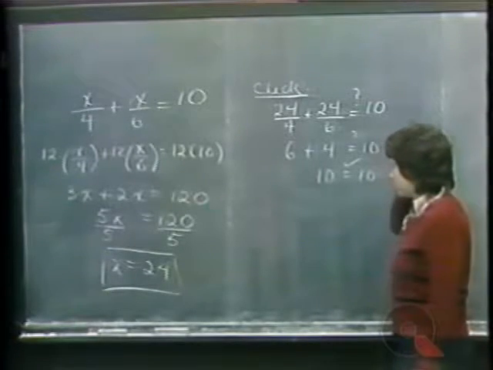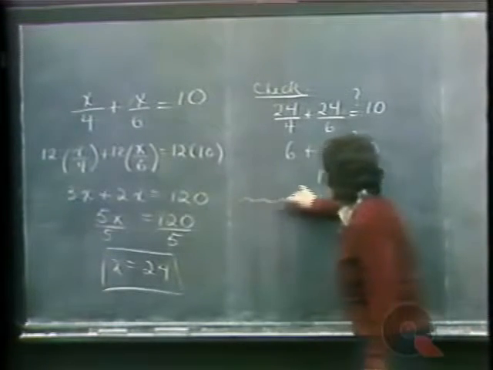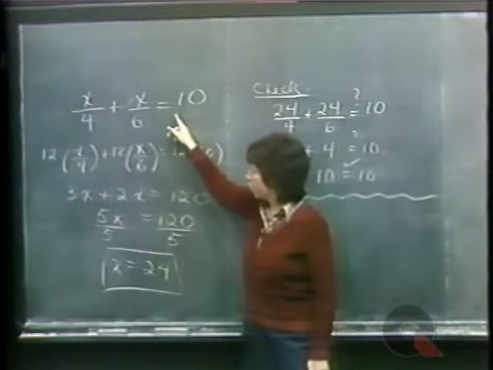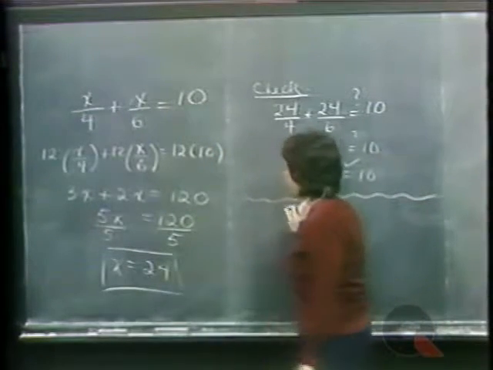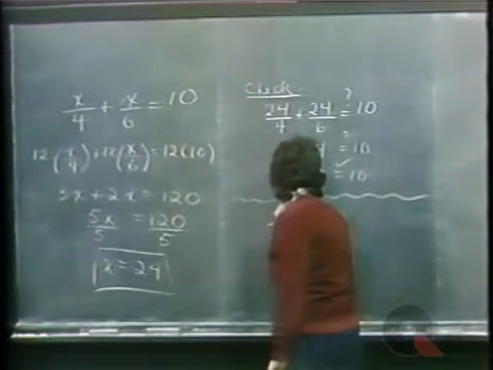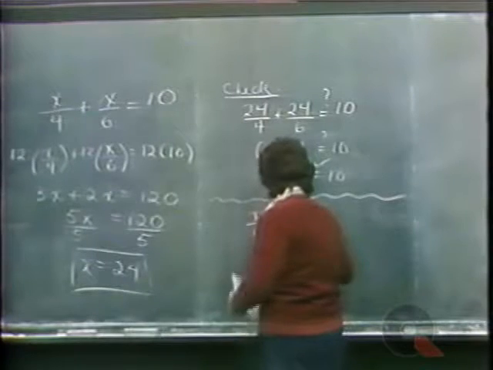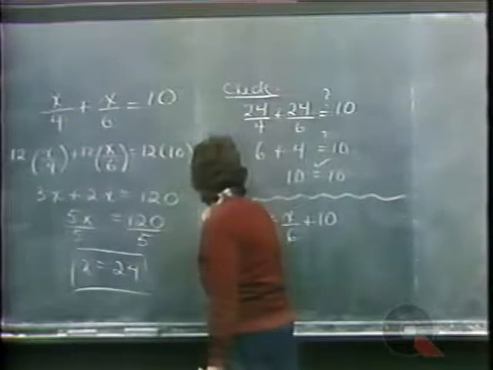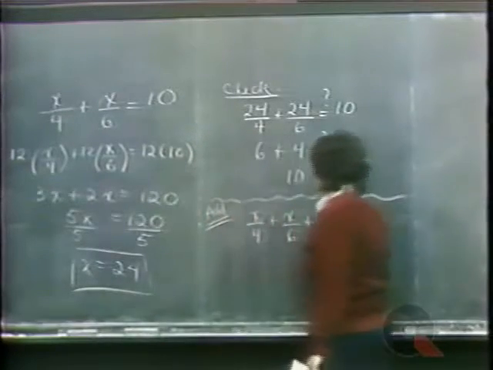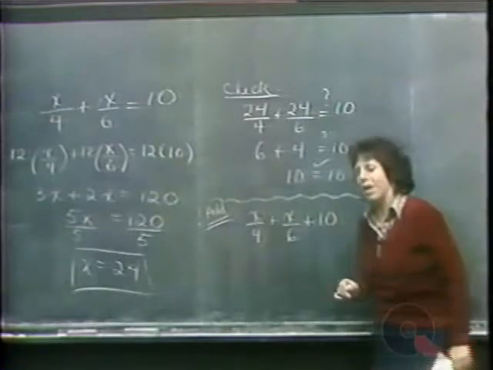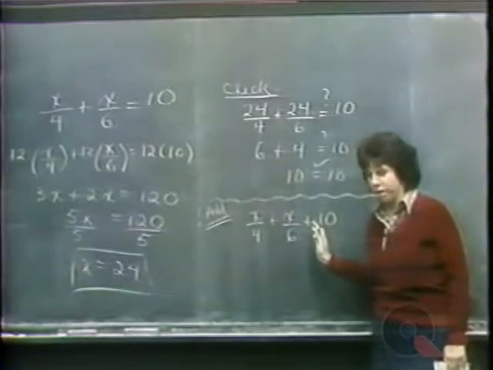Now I want to point out that there is a difference between solving a fractional equation of this form and simply adding fractions. If somebody says, add the fractions x over 4 plus x over 6 plus 10, then you cannot say multiply both sides of the equation by 12 because we don't have an equation.